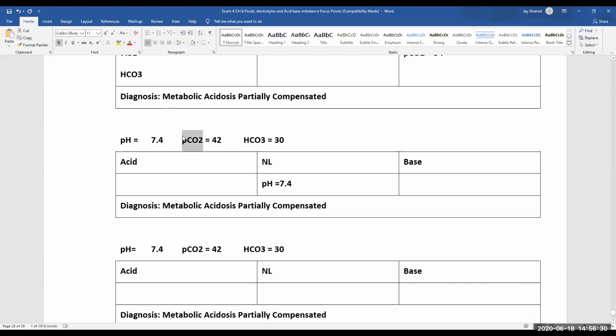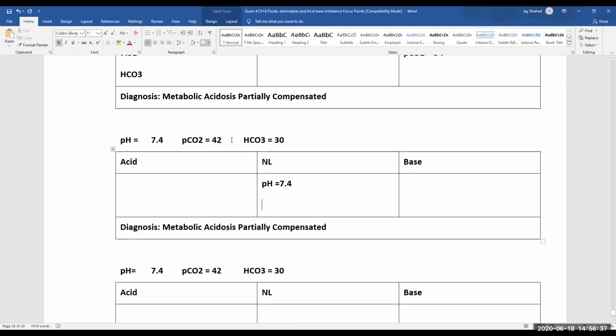Normal. It's in the 35 to 45 range. What about the bicarb? Basic. Basic. All right, now what?